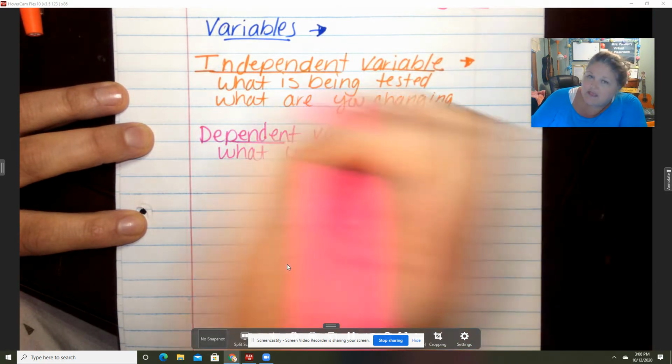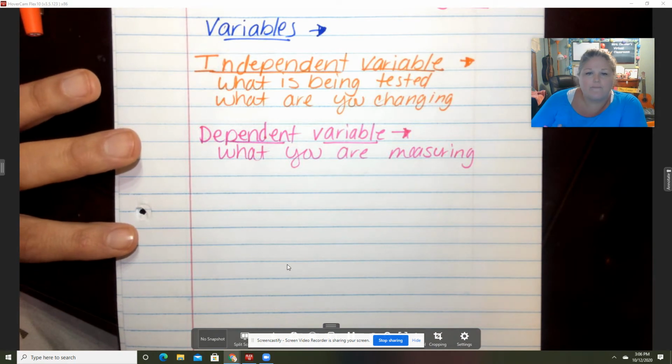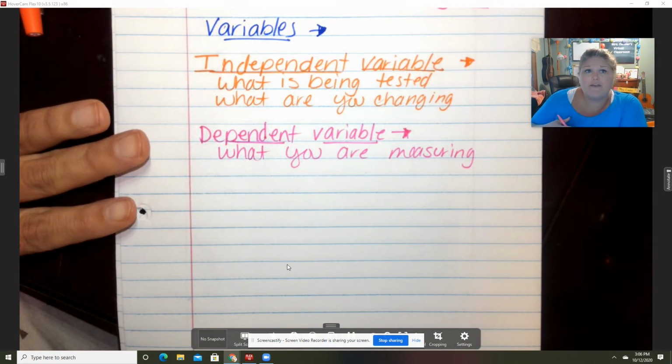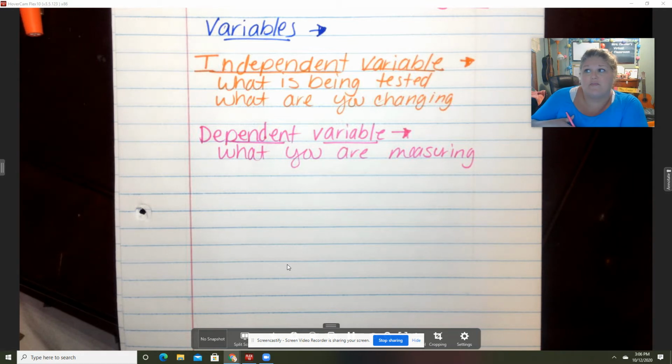It doesn't necessarily mean getting out a ruler, but with the plants, what we were measuring was what effect the plant was going under, like how high the plant grew, or what the plant looked like.